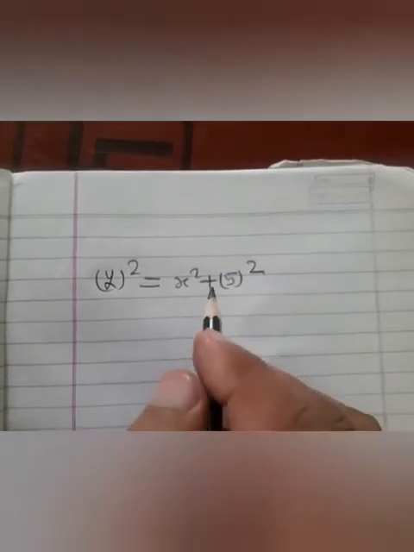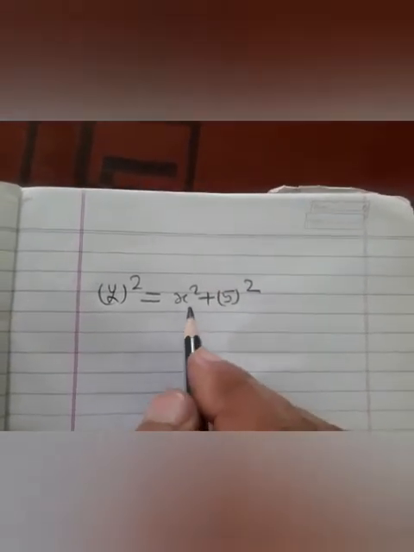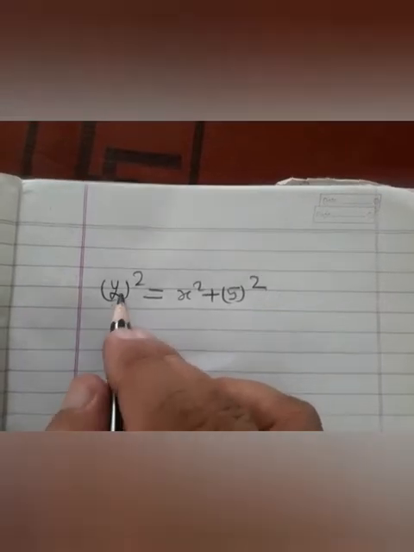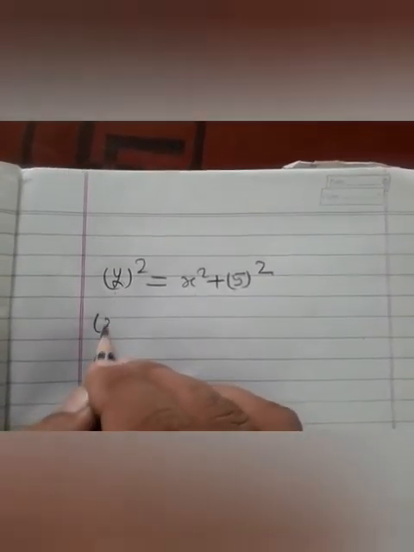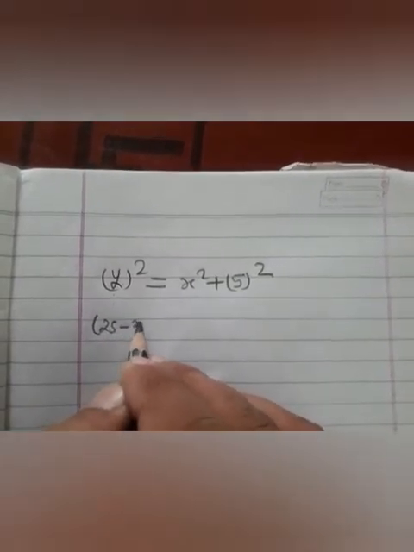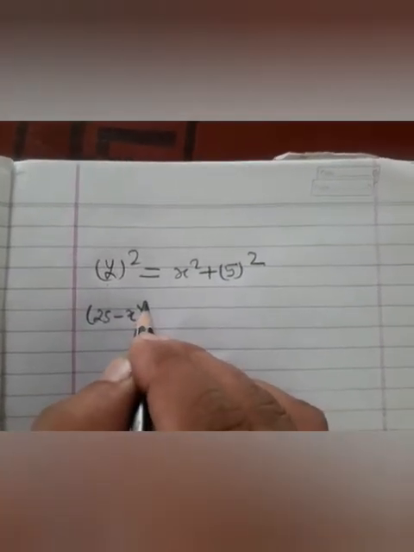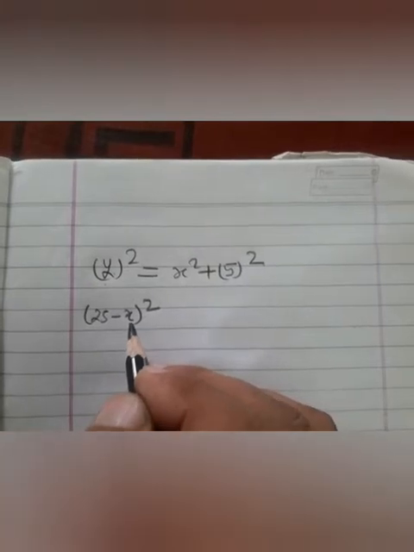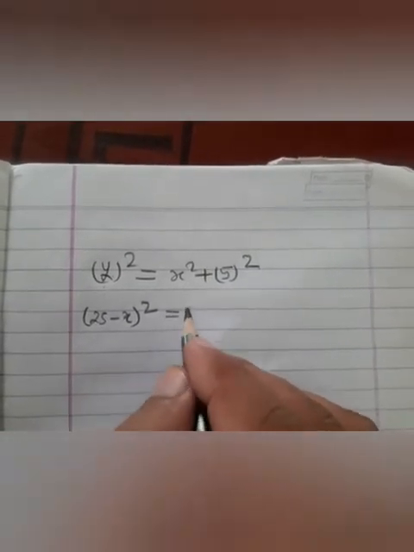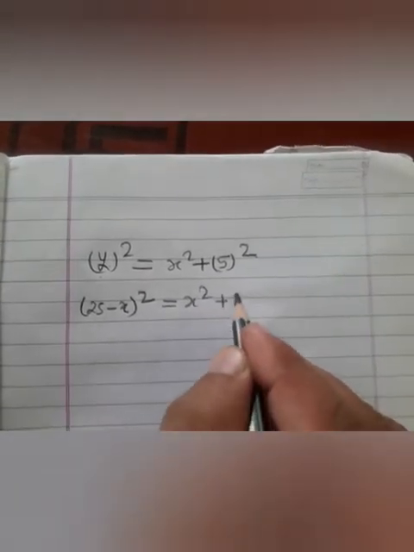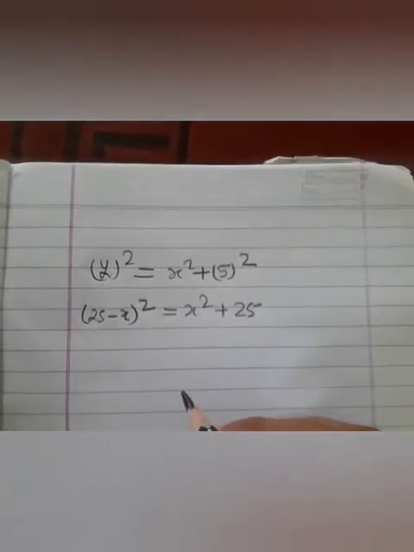Put the value of Y: 25 minus X whole square is equal to X square plus 25.